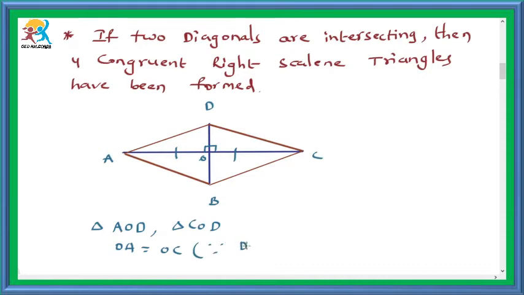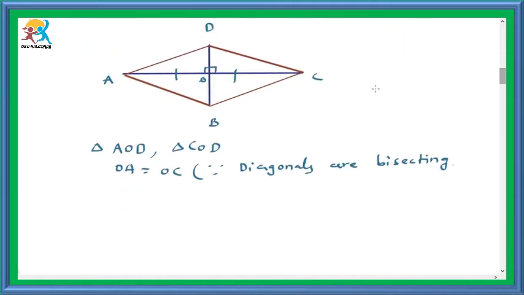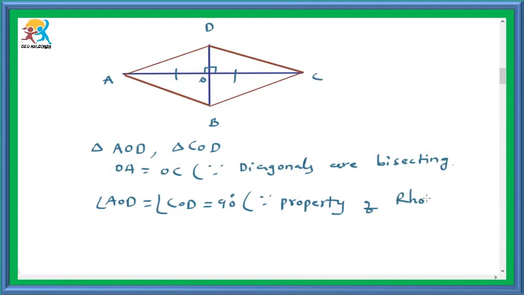Since diagonals are bisecting, this property has come from the property of a parallelogram, and angle AOD is equal to angle COD, that is equal to 90 degrees. This is the property of a rhombus. And OD is the common side.